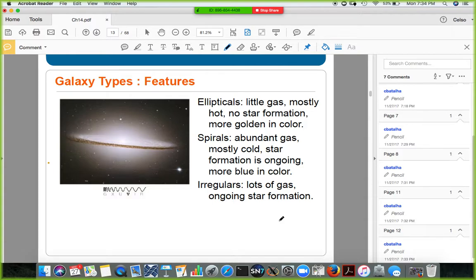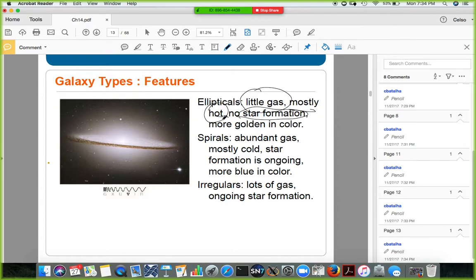So elliptical, spirals, and irregular. So what are the characteristics, not just in velocity distribution of the stars, but in the type of content? Elliptical galaxies don't have a lot of gas. In fact, the gas found in elliptical galaxies tends to be hot. More importantly, they don't have star formation, which makes sense.